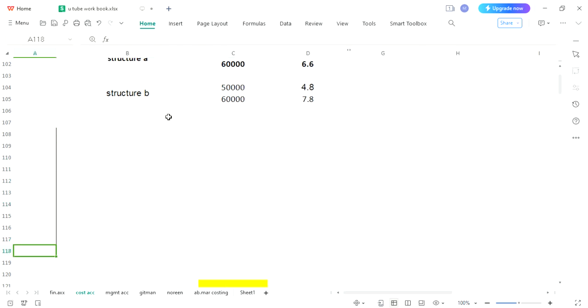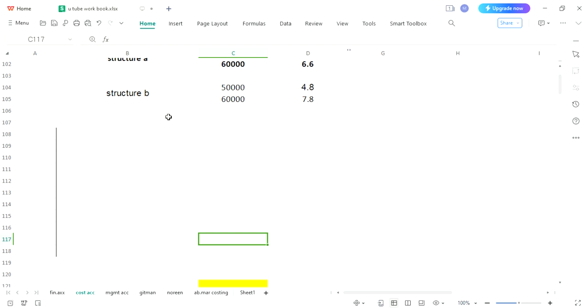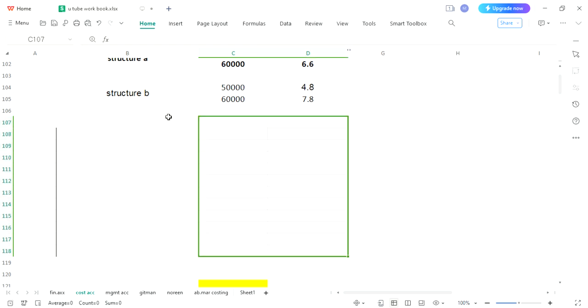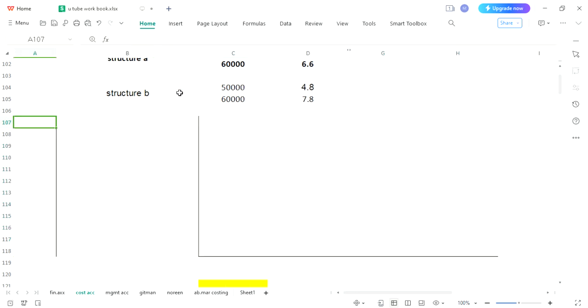Now we need to put our second graph, and instead of here we should start from here. Why? Because we need equal lines. So in this way you can put your equal lines. First y-axis and then you will put your x-axis horizontal line. Okay guys, this line is not now needed. We can erase it.